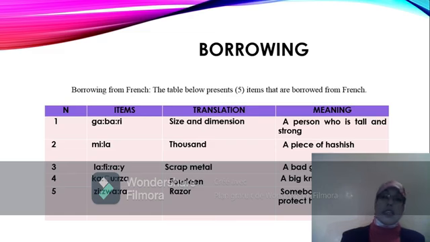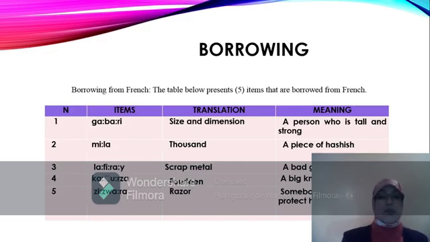Now the second table represents the borrowing from the French language. The first item, gabari. The translation is size and dimension. The meaning is a person who is tall and strong in his body building.